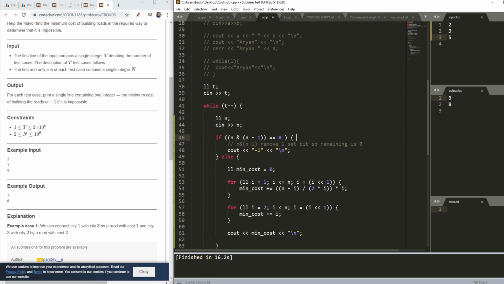So it basically shows the number of set bits. Okay, so n has one set bit. After I do n and n minus 1, it will remove the set bit from it. So after removing one bit, the remaining bits will be 0. It is the reason I put it equal to 0.